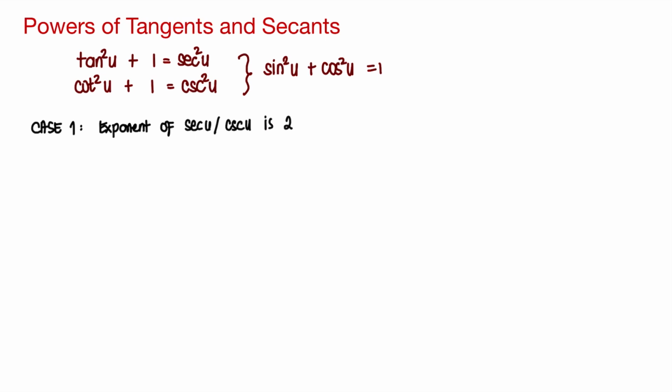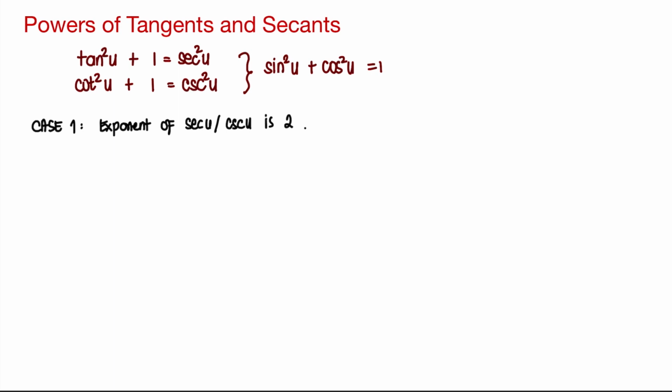Regardless of the exponent of tangent and cotangent, if the exponent of secant u and cosecant u is equal to 2, then we can directly perform integration by simple substitution.